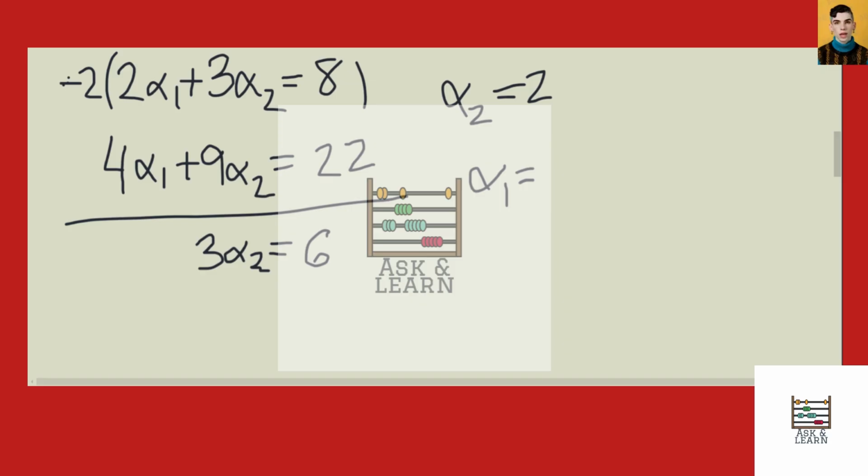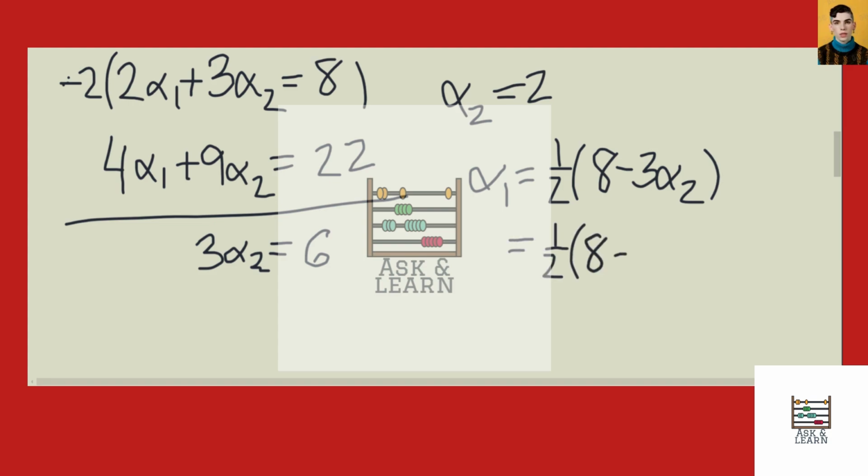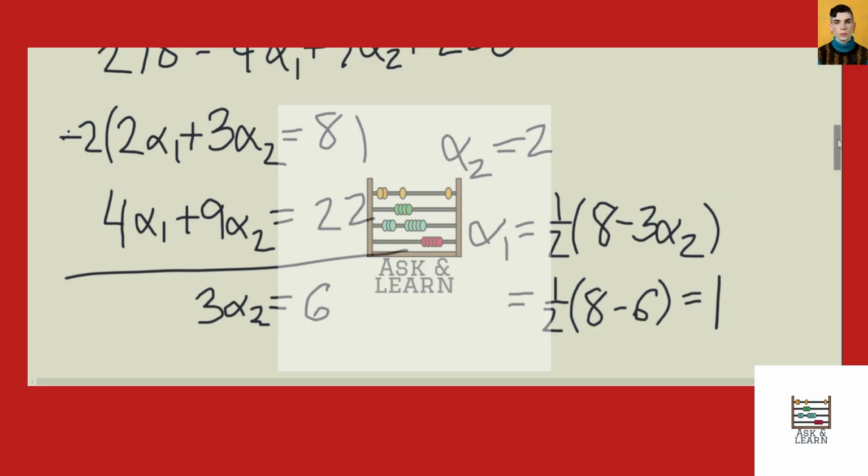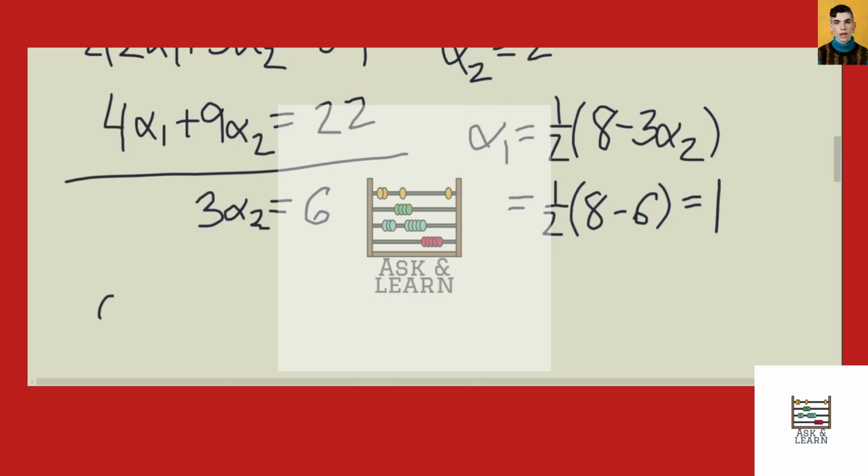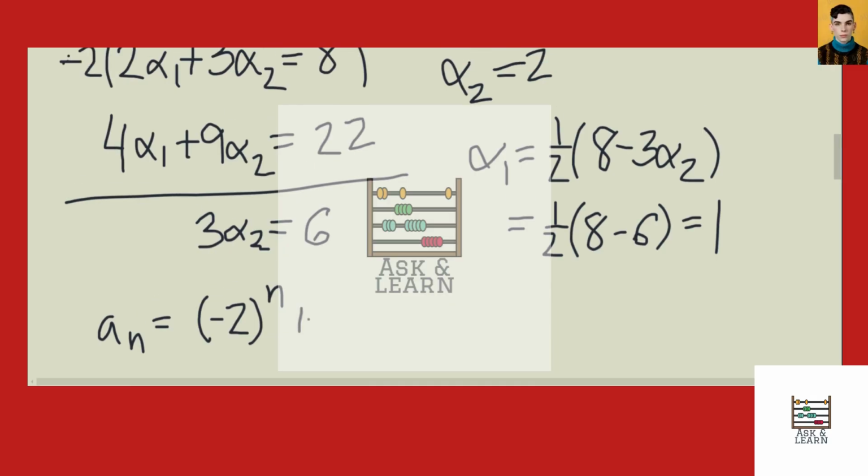And for back substitution, alpha 1 is equal to 1/2 of (8 minus 3 alpha 2), which is equal to 1/2 of (8 minus 6), which is 1. And so our solution, a_n, is 1 times (-2)^n plus 2 times (-3)^n plus 4^(n+2).